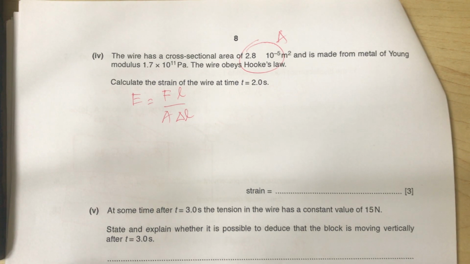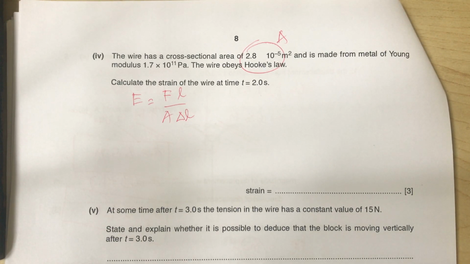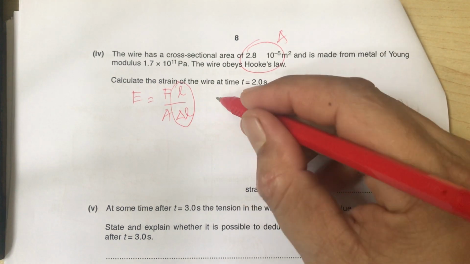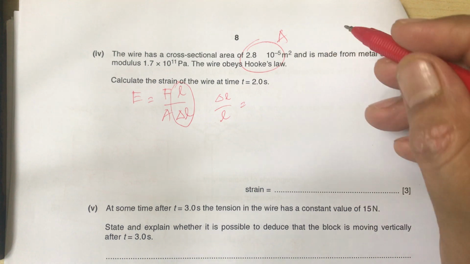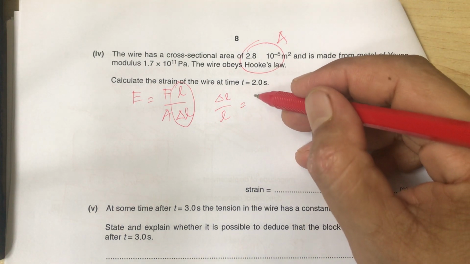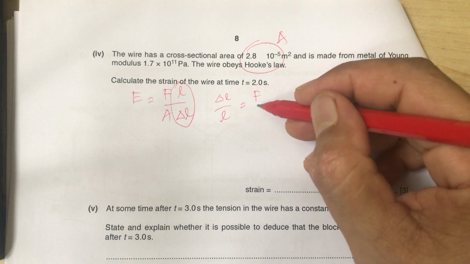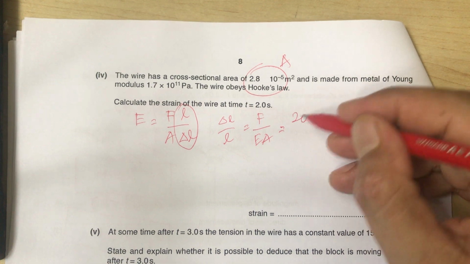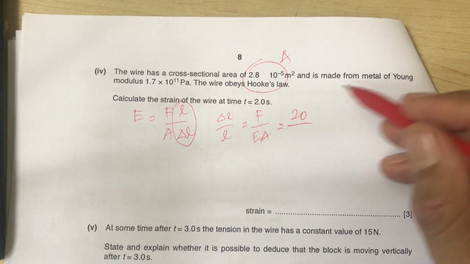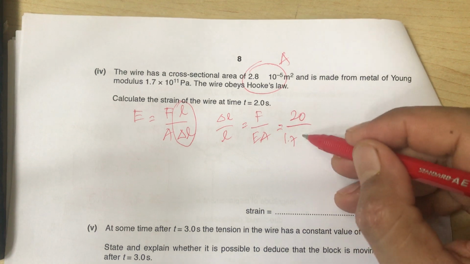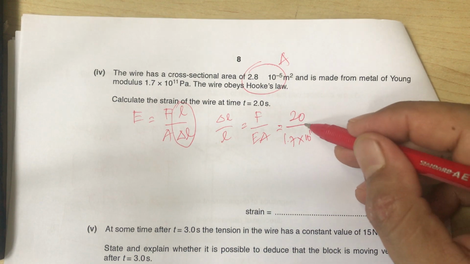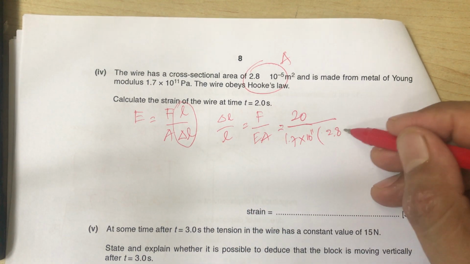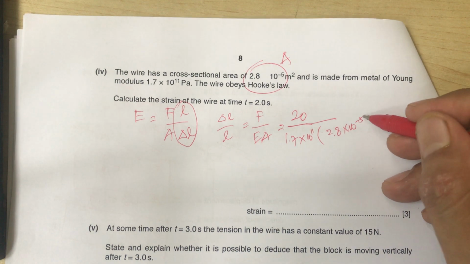Sorry, this is strain. The question is about delta L over L, so we have force over EA. The force is 20 Newton, the tension, and E equals 1.7 times 10 to the power 11, with A equals 2.8 times 10 to the power minus 5.